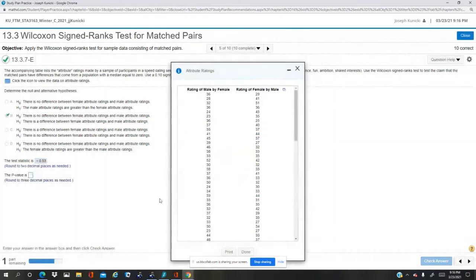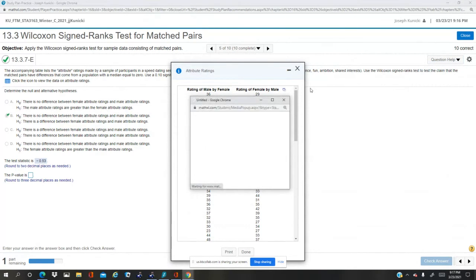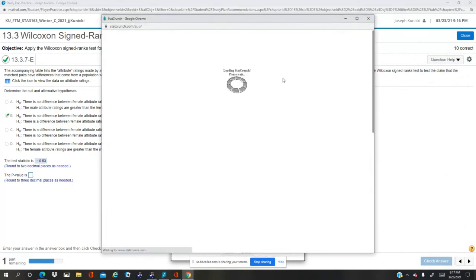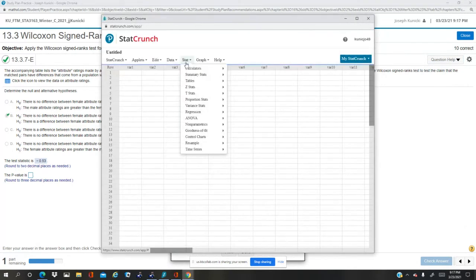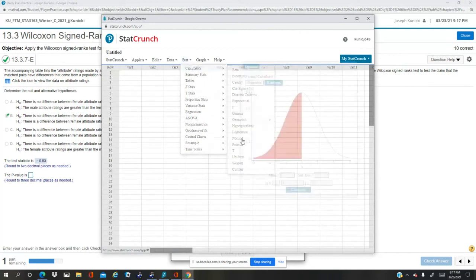What else do they want? The P value. It's a two-tailed test, so the P value is between negative 0.53 and positive 0.53 in the tails. You take the body, and there are a couple of ways to do that. Let's use StatCrunch, calculate the normal.